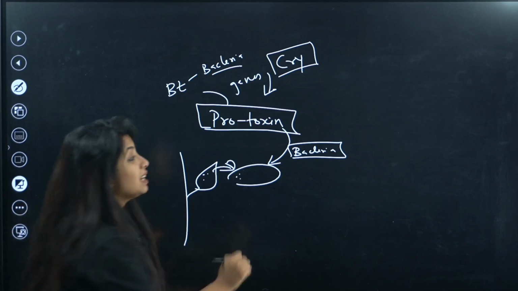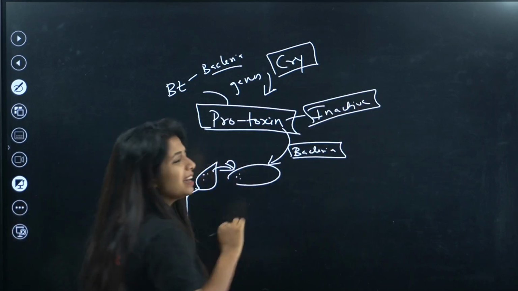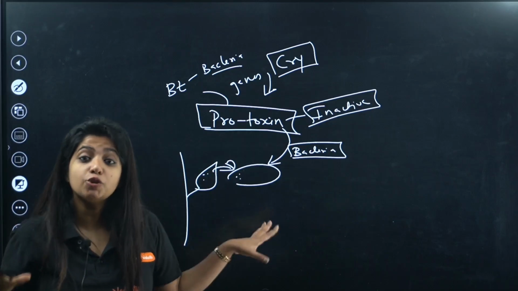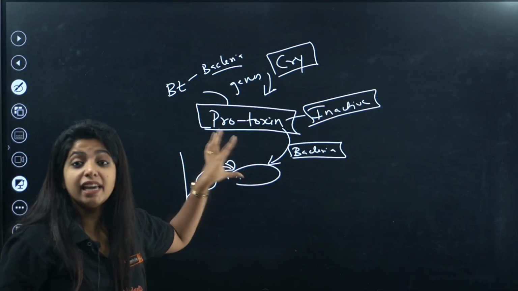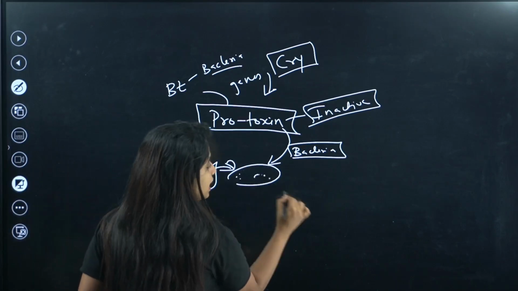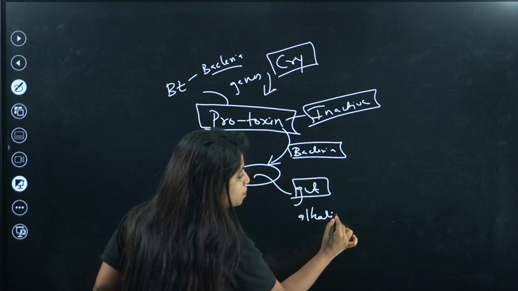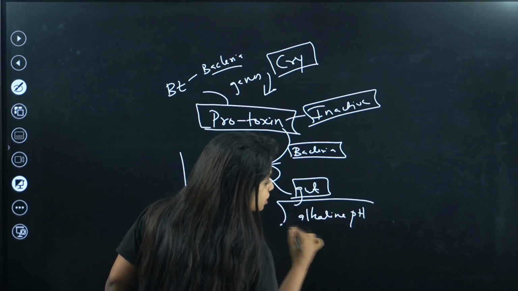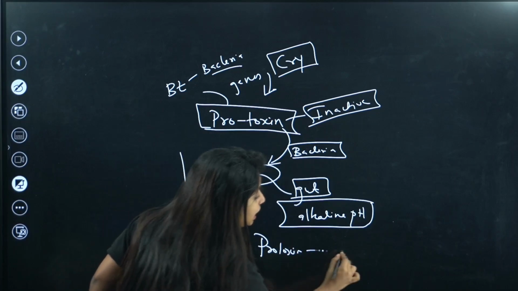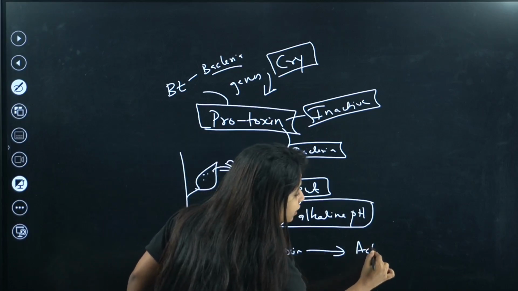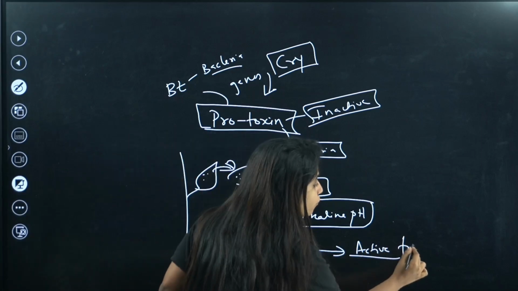Now, this protoxin is the inactive version of the toxin. It is inactive. Ma'am, why is it inactive? Probably it didn't get conditioned to become active yet. But now, once it is inside the insect, what happens is that inside the gut of the insect, the pH is alkaline. It is basic pH. The pH is alkaline, which is why this protoxin will now get what? Active. It will now turn into an active version of the toxin.